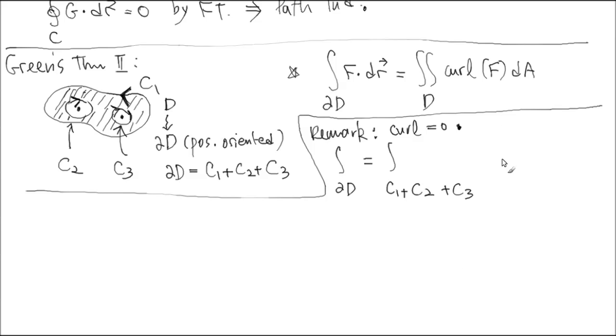So if the curl is 0, what's going to happen to this line integral? If the curl is 0, if this theorem is true, through Green's theorem, though I think he's trying to go through the fundamental theorem of line integrals. From the Green's theorem point of view, if the curl equals 0, that becomes 0 there, right?